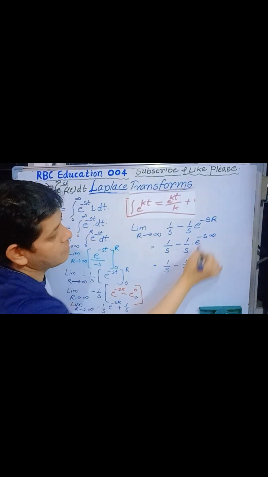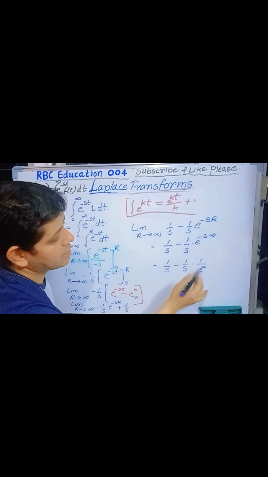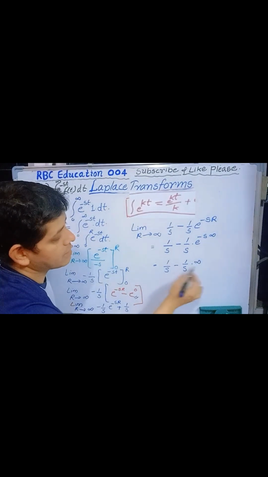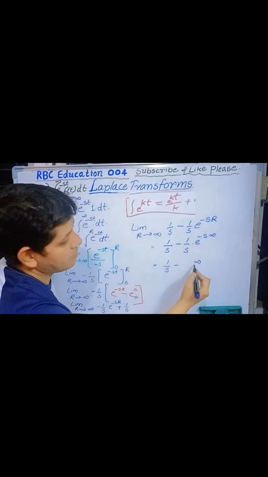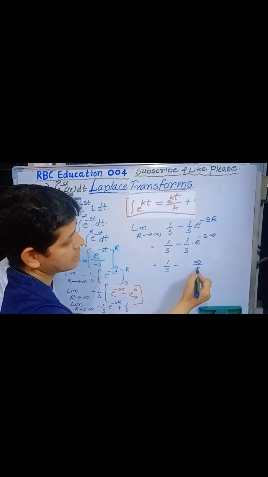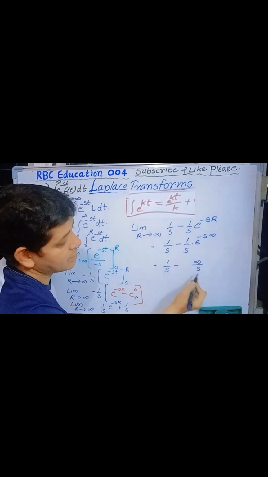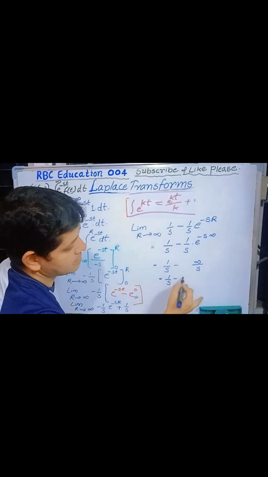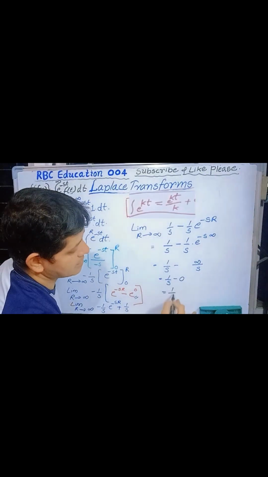So this whole thing becomes infinite. Something by infinite means 0. That means it becomes 1 by s minus 0. So our answer is 1 by s.